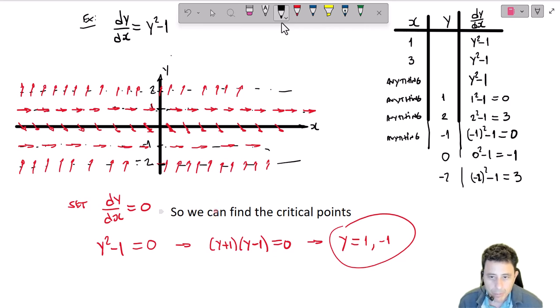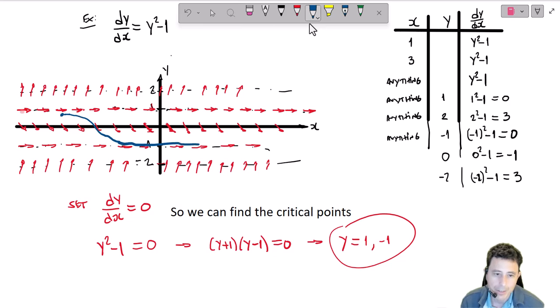So we do this, and then we can draw the solution lines, the graph of the solution. So if we drop a little point here, if I'm close here, that means this point is going to go horizontal a little bit, but eventually it's going to go down, then it's going to cross here, and then it's going to reach this part, and it's going to do something like this.